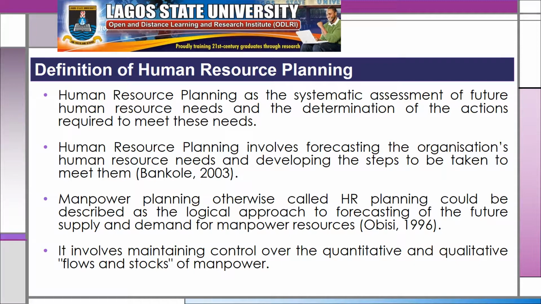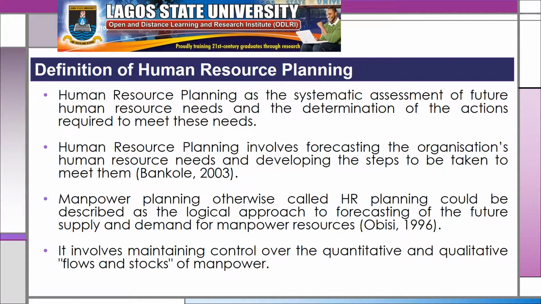That is, you rationalize what you have to get whatever you want to do or wherever you are planning to be. But human resources planning in this context simply means a systematic assessment of future human resources needs and determination of action required to meet these needs.